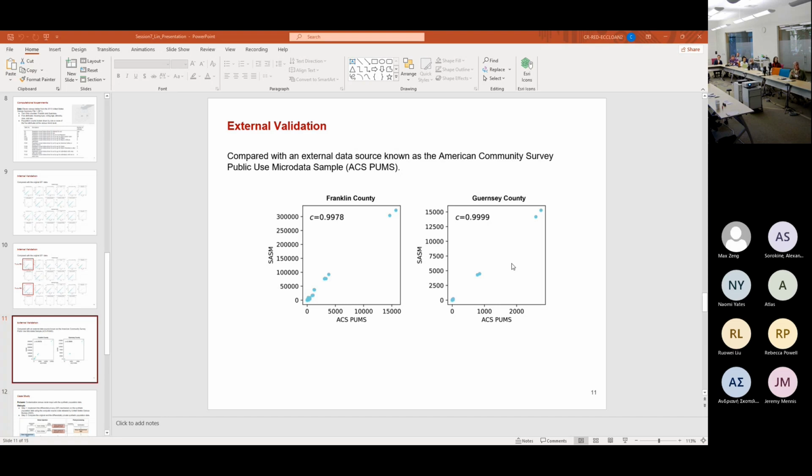So if you look at the maps, we actually examined two counties. One is Franklin County, which is an urban county and has a lot of population compared to Guernsey County, a rural county. If you compare these two maps, you'll find that Guernsey County has a much higher percentage error compared to Franklin County. So based on our results, we can find that privacy protection will affect areas with smaller population size and maybe less diversity more significantly.